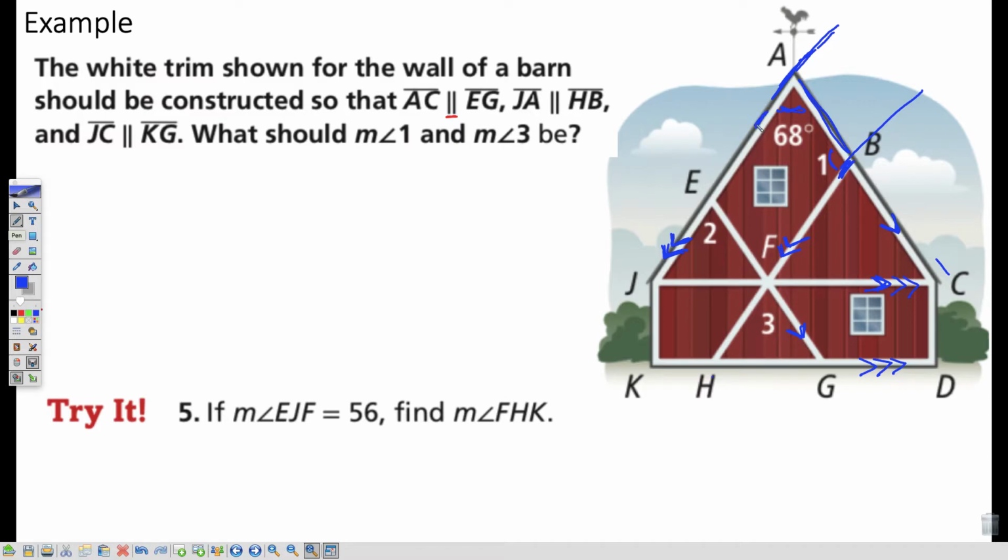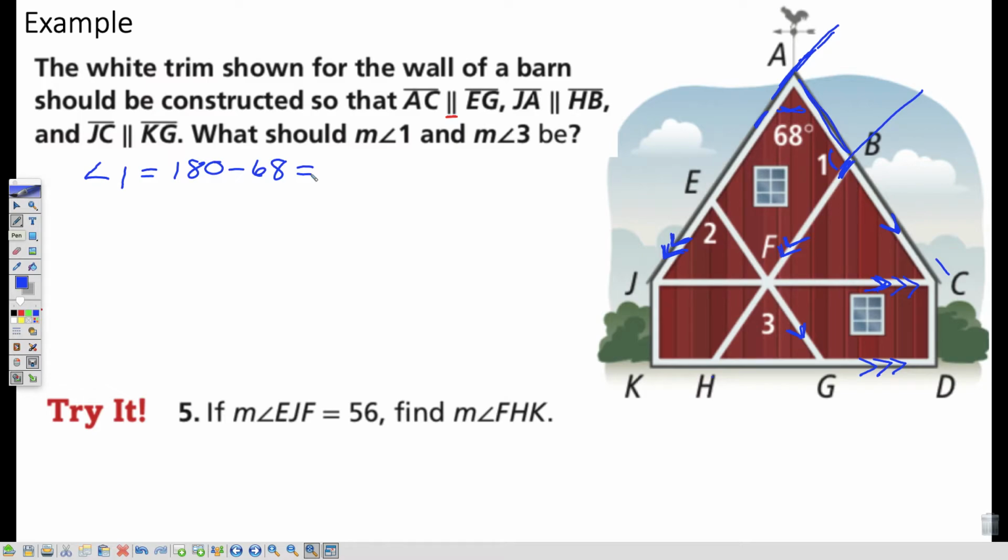Okay, so angle 1 would be 180 minus 68. My pen is really being wacky. So it'd be what? 112.